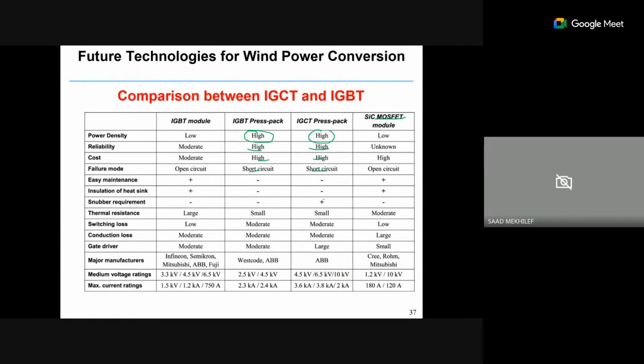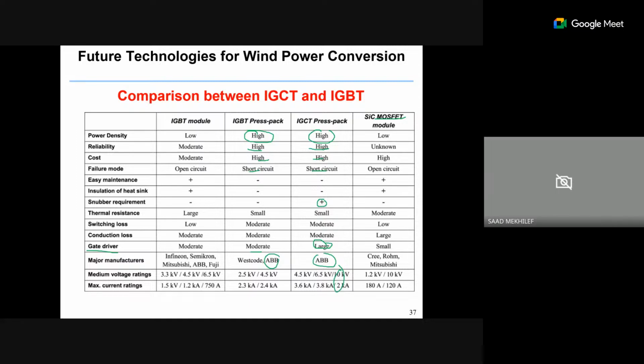This one requires a snubber circuit; this one does not require it, which is good. The gate drive to drive the switches is moderate here and large here. Among major manufacturers, the big players, there is ABB, and here also ABB, and you can see the voltage rating for the IGCT is usually higher.